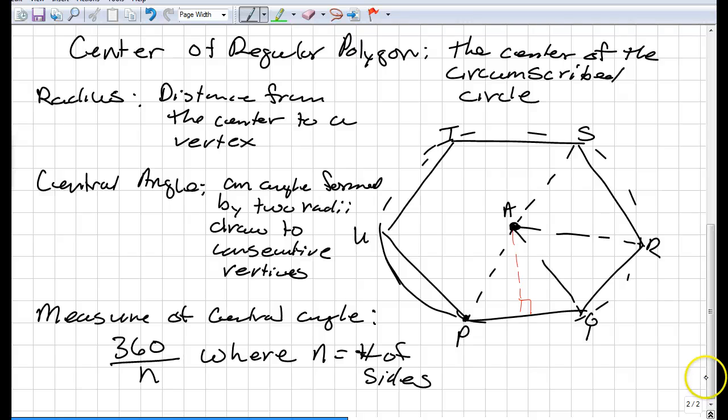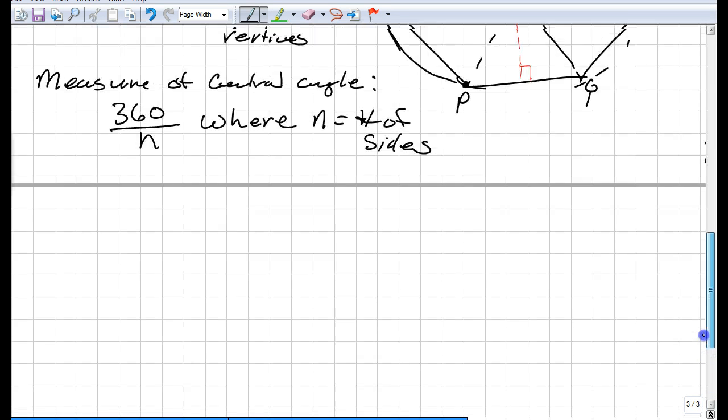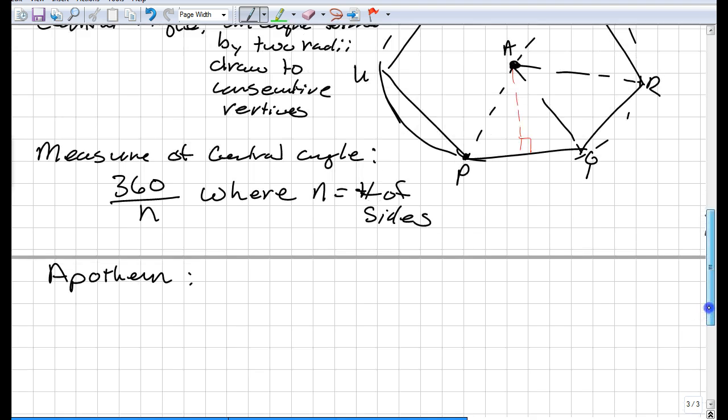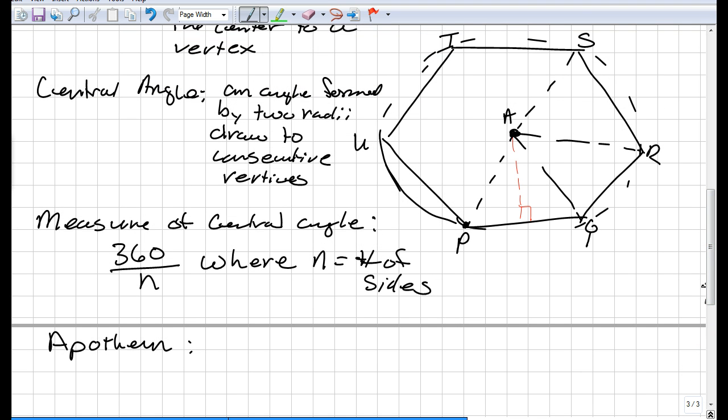And then we have a new term, and that is the apothem. Okay, the apothem is, well, let's look at PAQ here. It forms a triangle, an isosceles triangle, and AB is what we call the apothem.